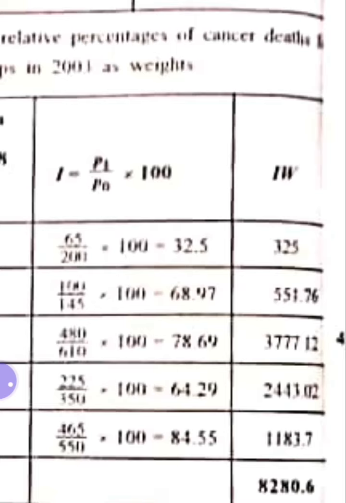For the third one, the age group between 15 to 40, it is 78.69 multiplied by 48, which will give us 3777.12. Similarly, 64.29 into 38 will give you 2443.02. Similarly, 84.55 multiplied by 14 will give you 1183.7.